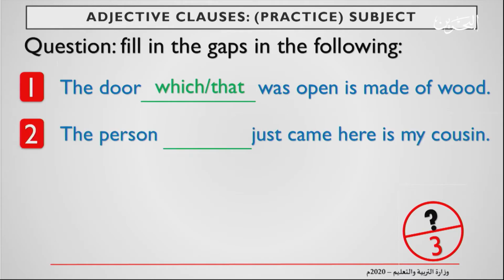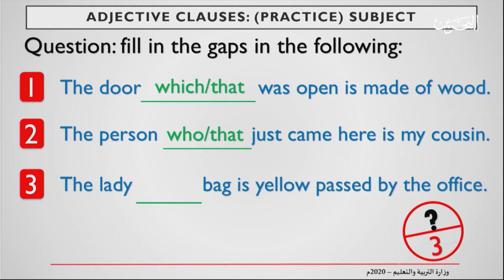Let's jump to 2. The person gap just came here is my cousin. You have to use a relative pronoun. 5 seconds. Let's check the answer. The answer is who or that. You have the option of choosing who or that. All right, let's jump to the 3rd example.